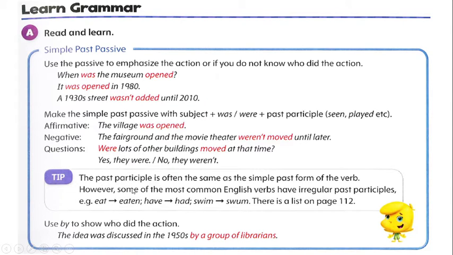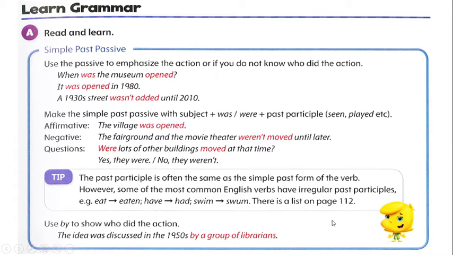So the past participle is often the same as the simple past form of the verb. However, some of the most common English verbs have irregular past participles, e.g., eat, eaten; have, had; swim, swum.